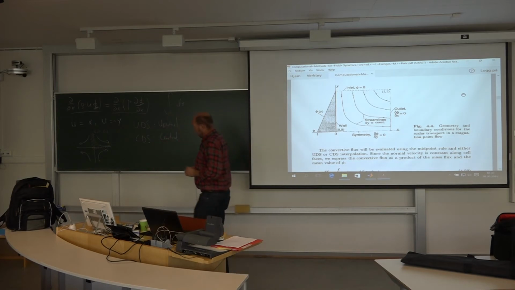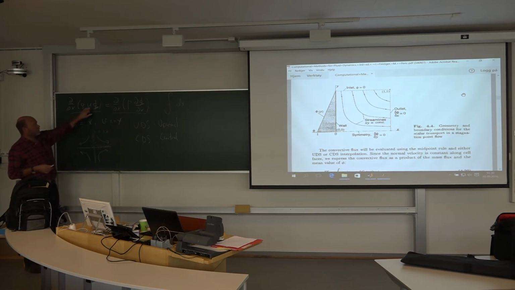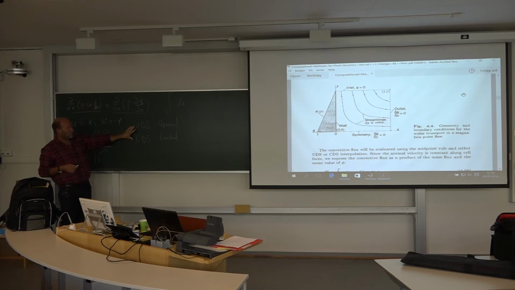And as always, when you are thinking of the choice here, it is where you have a velocity, where you can then decide which direction is the upwind. So it's this term you choose, upwind scheme or central scheme. This one, that is given, is always a central scheme. You don't have an additional velocity here. You can't decide an upwind direction in this term. You need a velocity.